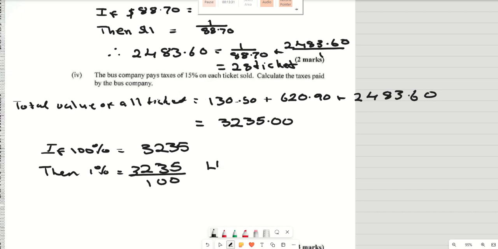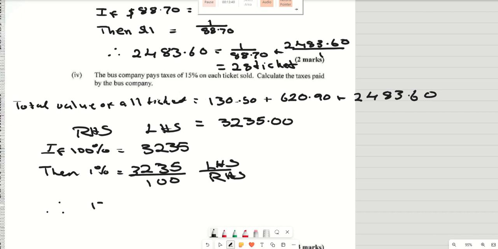Remember, it's always left hand side divided by right hand side, right? On your if line, the right hand side is 100, and the left hand side is 3,235.